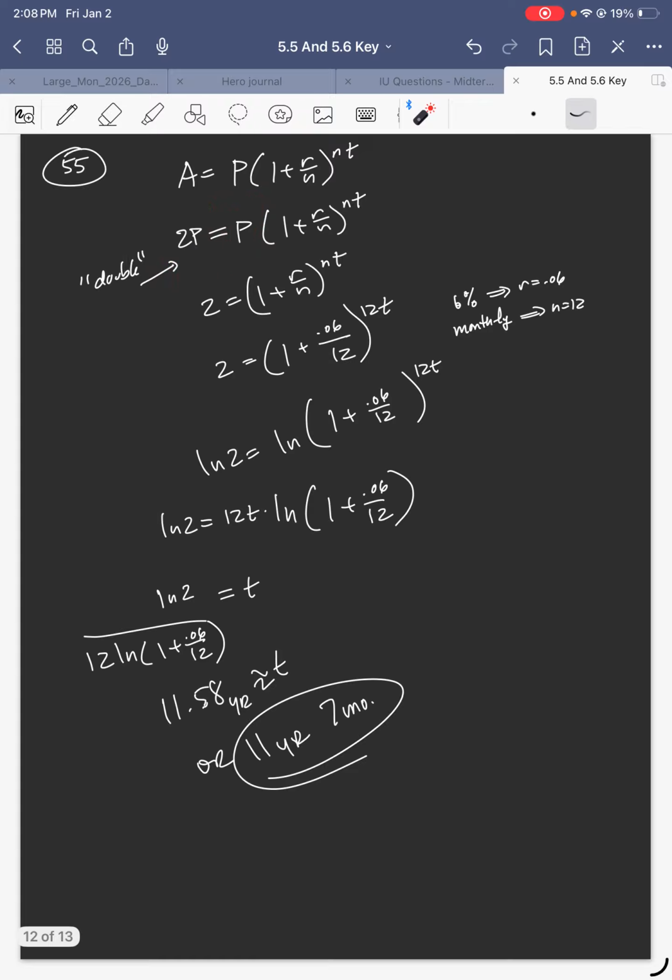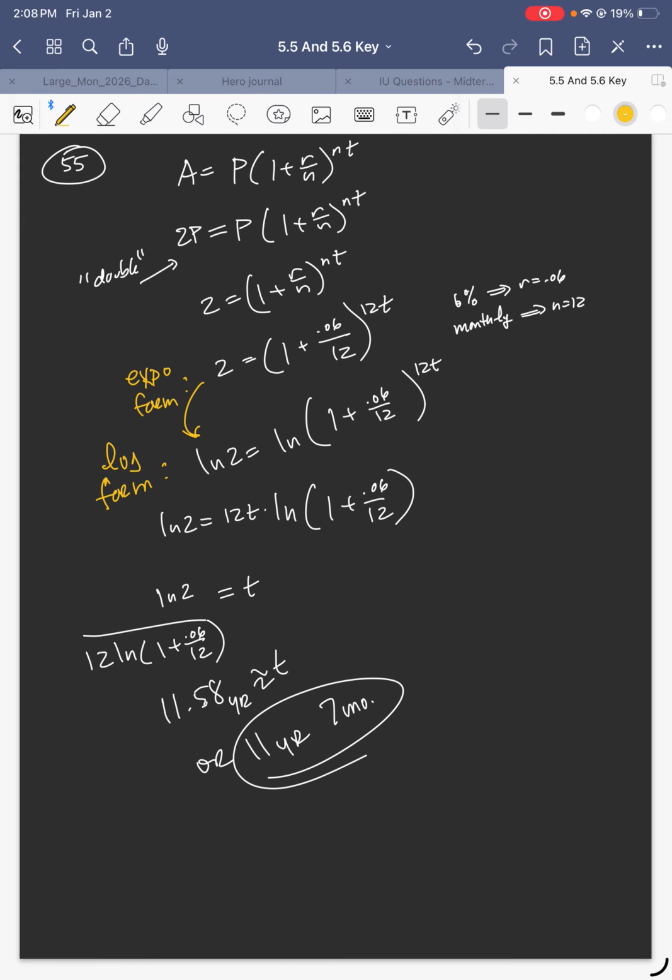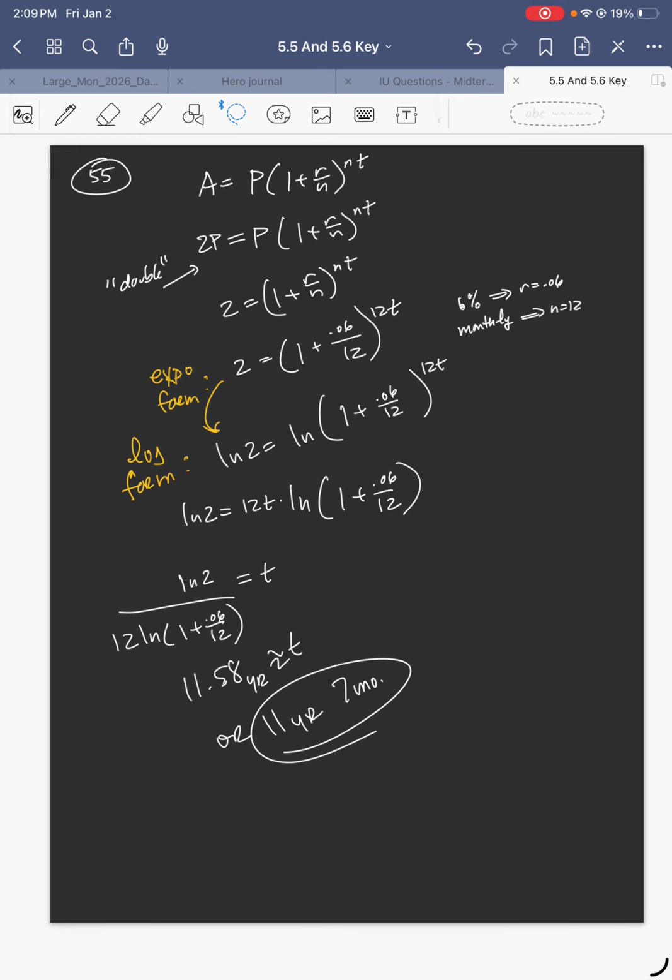And so I can now solve for t by noticing that this is in exponential form. I convert it to log form by taking the natural log of both sides. So exponential form converts into log form, and then you solve and you get t is equal to the natural log of 2 divided by 12 times the natural log of that stuff. So you get about 11 years and 7 months.